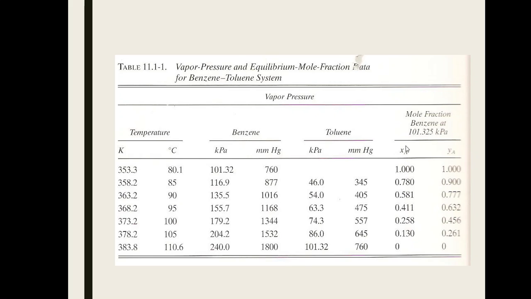Since we only have a two-component system, benzene and toluene, if this is the mole fraction of benzene, then if you subtract this from 1, that would now be the mole fraction of toluene. Now this same principle should be applied in here. What is good about the table is you just need the temperature and you will have this information that you might be needing when you are solving problems.